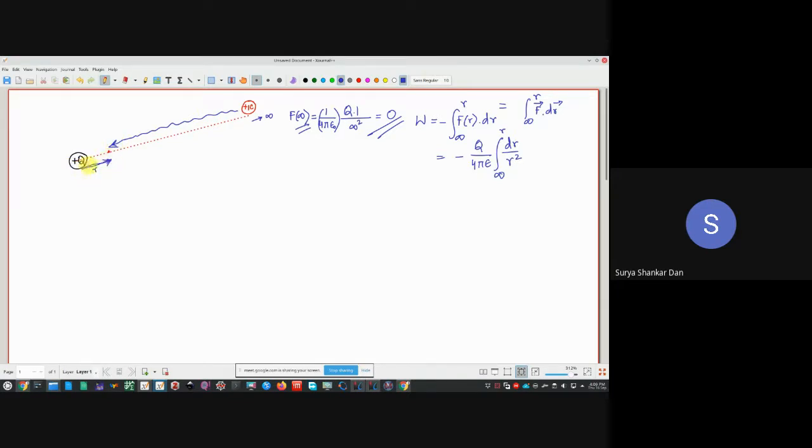So the radial distance is radially outwards. The movement you are making is from infinity to r. That means radially inwards. So that is the reason why in the vector you are not going to put one negative sign. When you are removing that vector sign, you are going to put a negative because of 180-degree phase shift. Okay, excellent. So if you are doing this, clearly you will get q by 4 pi epsilon r. So if you recall, this is nothing but the potential phi as a function of r.